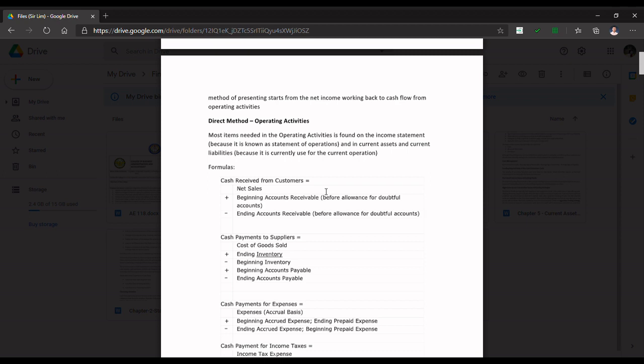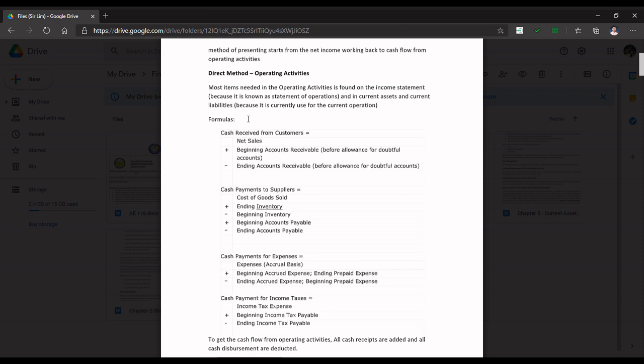Okay, we all know what working capital is, right? So it affects those because it is used currently for the current operations. So ginagamit na natin yon in the operation. So it is affected in the operating activities. So just take note that operating activities involve the current assets and the current liabilities in the balance sheet. Okay. Make a mental note or take a note on that because you will be needing that later.